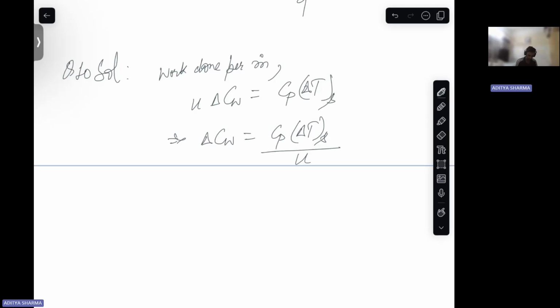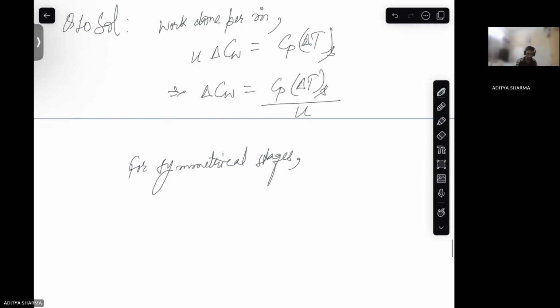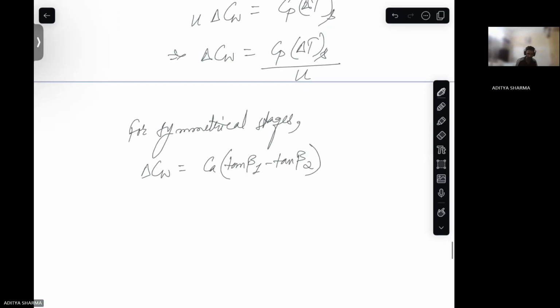Now for stages, for symmetric stages, delta CW is Ca (tan beta 1 minus tan beta 2). So from velocity triangles, this is very easy to reduce.